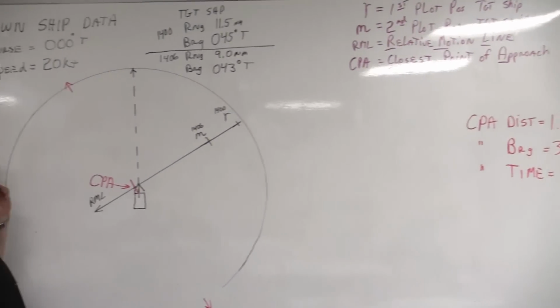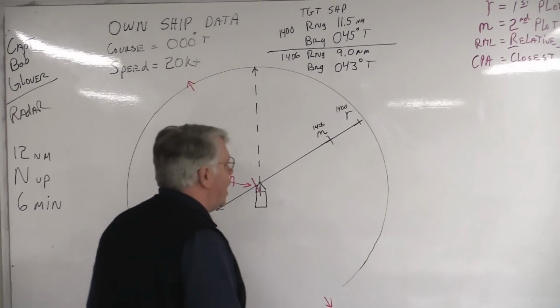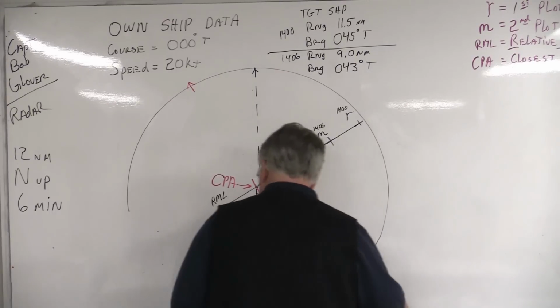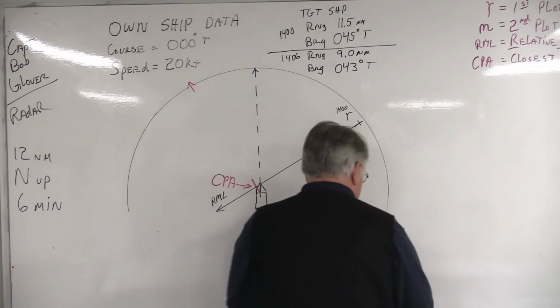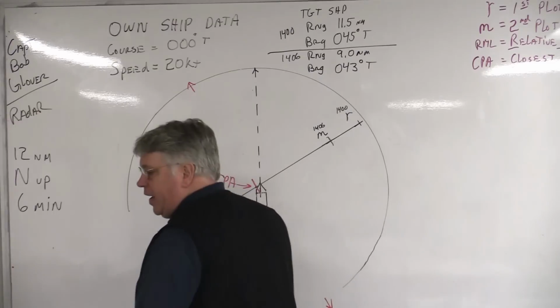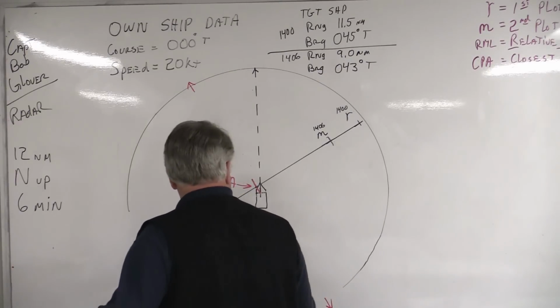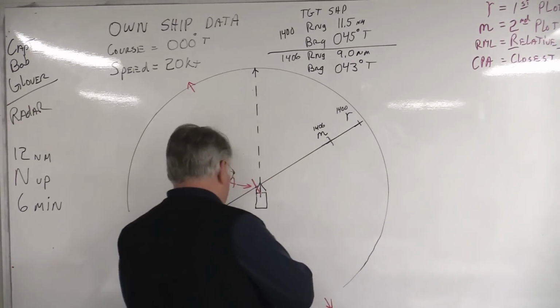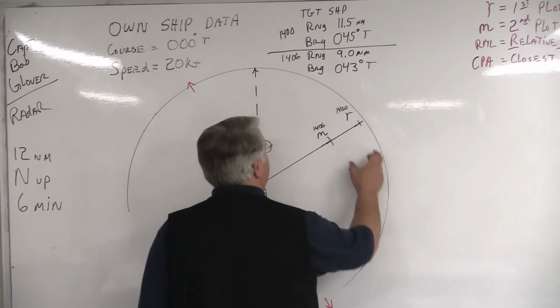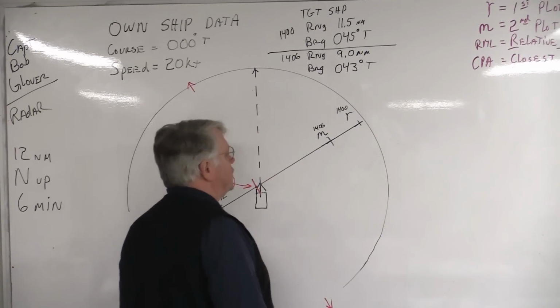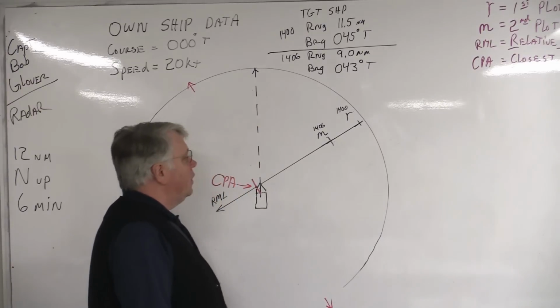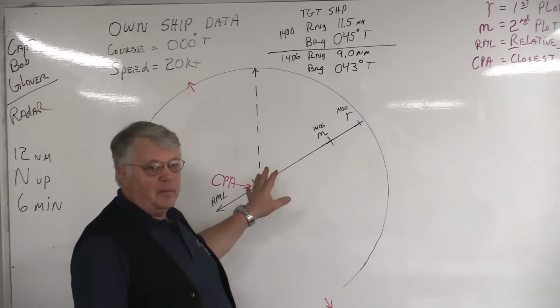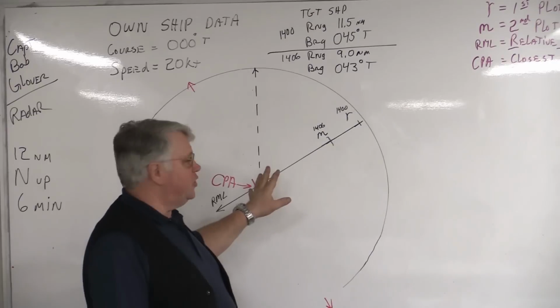Okay. Now the last part is finding the time of CPA. Now, in the older days, we used to do this on a plotting head, and we used grease pencils. And when we did that, we were able to walk this distance down and find out what the time of CPA is. But we do it a little bit more accurately now, and this is the way I need you to do it.